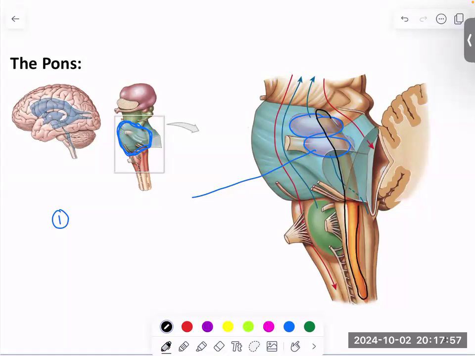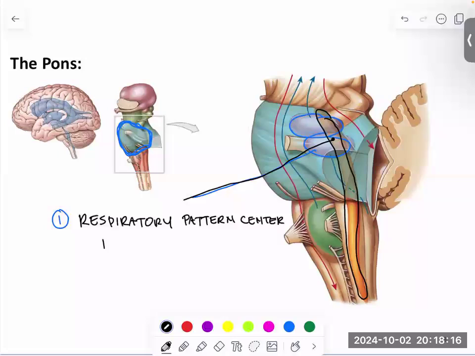It goes into the medulla and the pons. That means the medulla and the pons are both responsible for your respiratory pattern center. So what does the pons help control? Your breathing rate. Both the pons and the medulla control your breathing rate.